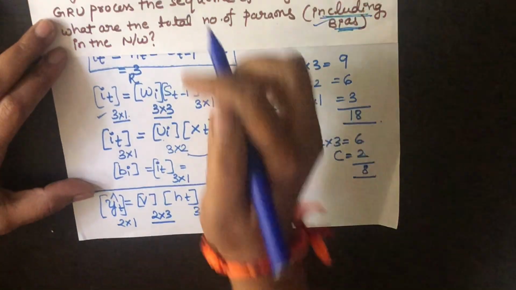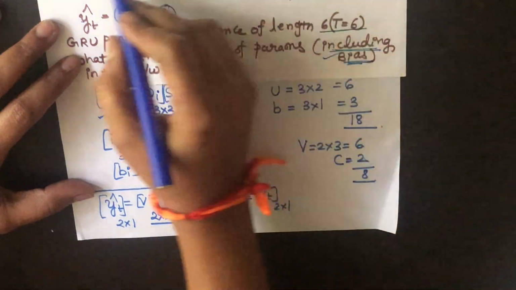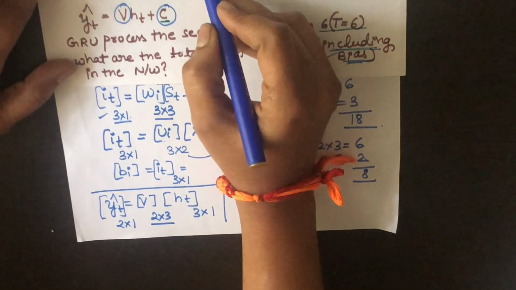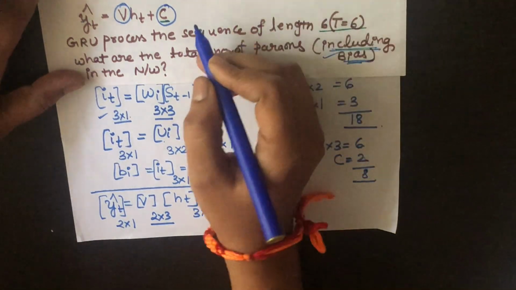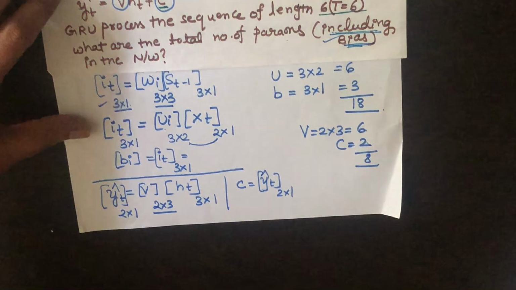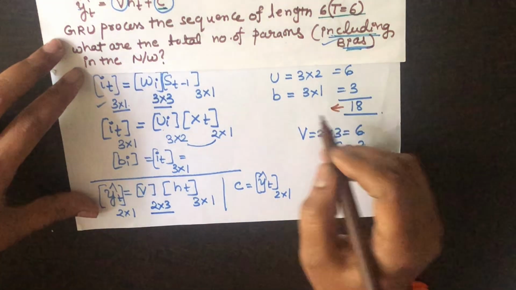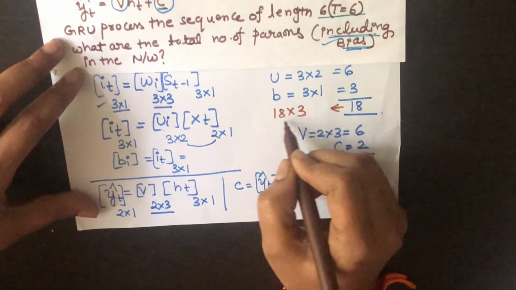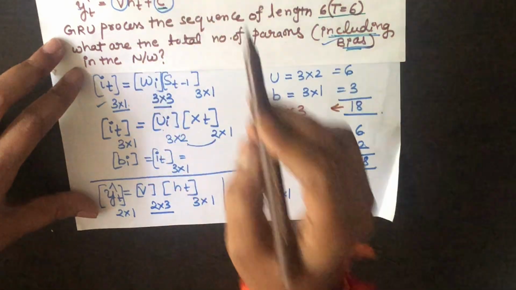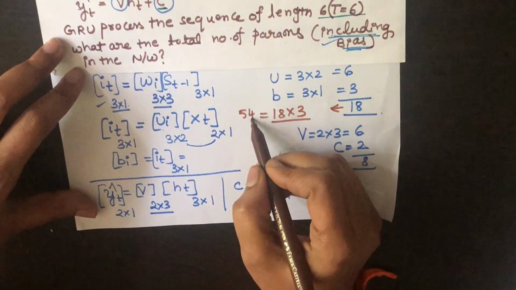So this is for the input equation it. The input equation for it is 18, and the same number of parameters applies for Wi, Wo, Ui, Uo, bo, and St also. There are 3 equations, so you have to multiply 18 with 3. 18 into 3 equals 54.